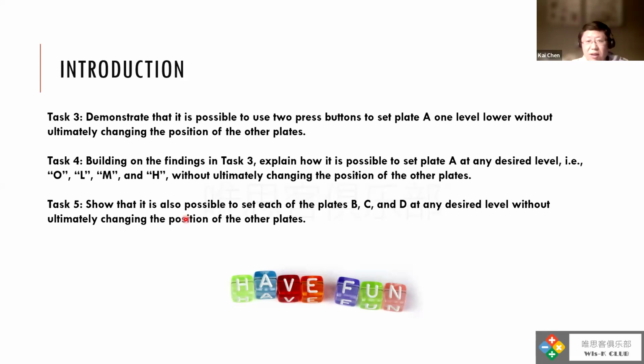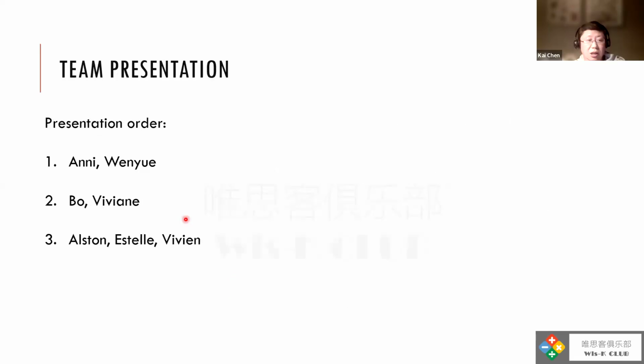So basically, you are divided into 3 different teams. Each team has some time to present your results. The first team, I just changed the order, will start with Annie and Wenyue, and Annie is not here, so she's absent. So Wenyue will present her solution for tasks 1 and 2.